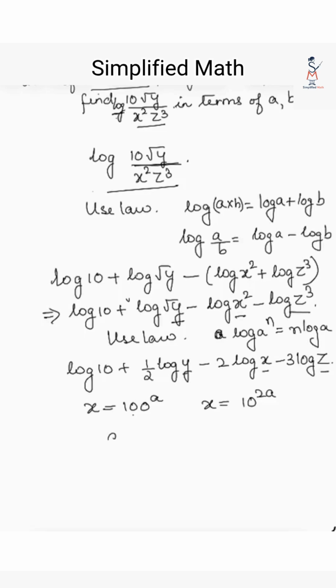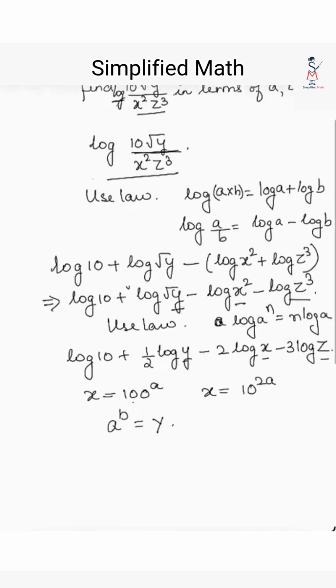How do we change into log form? If a raised to the power b is equal to say y, then we change it into log form. a is the base, so the base will remain the same and it will be log y to the base a is equal to b.